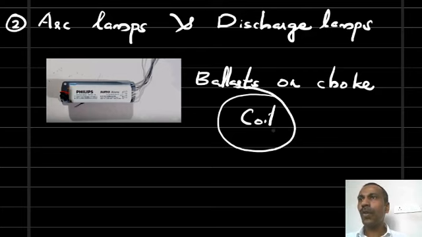Because for the working of these lamps we need to give high voltage. For the production of high voltage we should use ballast or choke. You have seen the choke with the fluorescent lamp. So this choke or this ballast will cause low power factor.